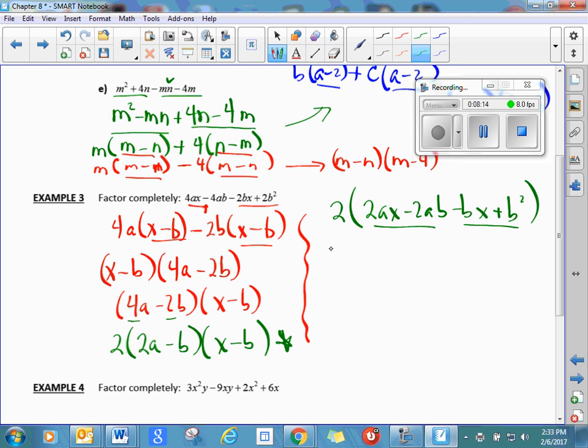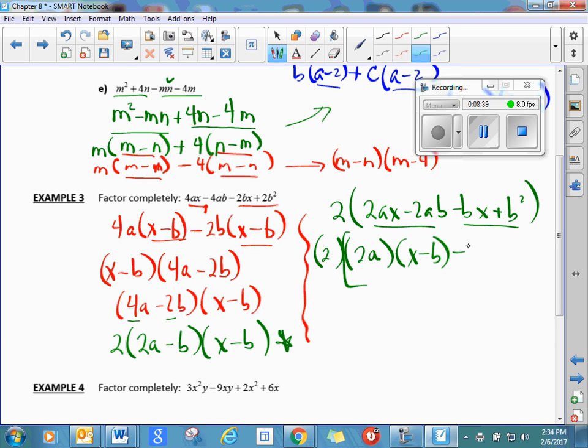So you have your 2 out here, and you can factor out your 2a out of both of those. So you end up with 2a times x minus b minus, and this is all, by the way, in a bracket.